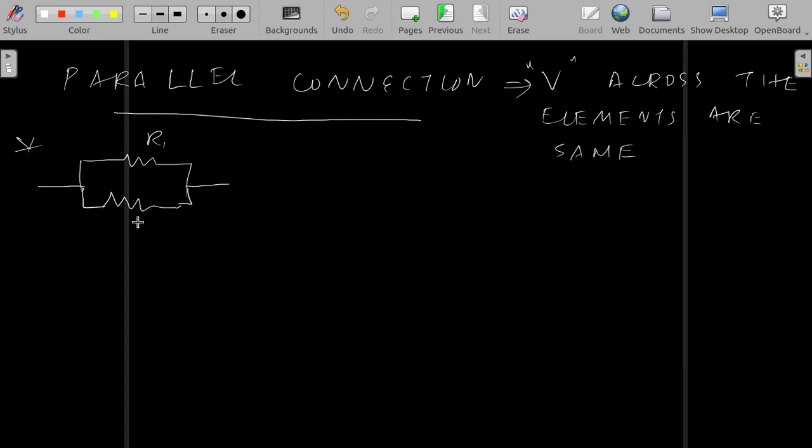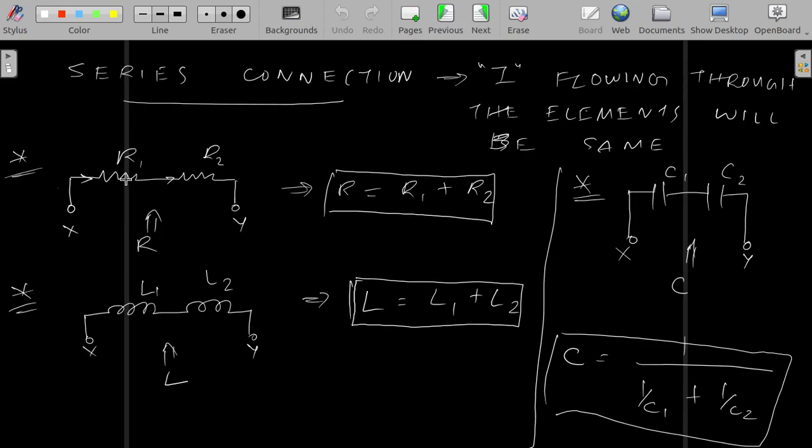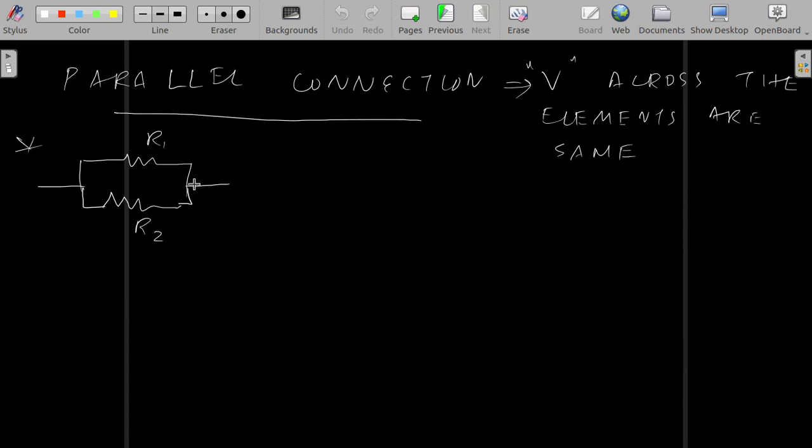Again, R1, R2, right? Here you can see the elements were connected one after the other, but here both the terminals of the elements come in contact at the same points, as you can understand from the image.